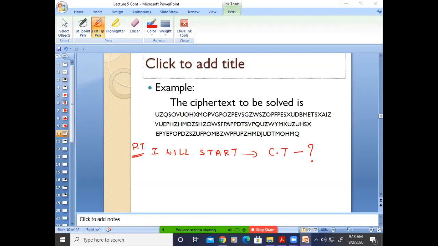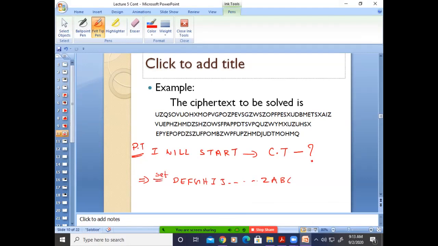Here we have to see the combinations. Suppose one permutation is something like this: D, E, F, G, H, I, J, K, etc., up to Z. After Z, you will get A, B, C. This is one combination or one set.